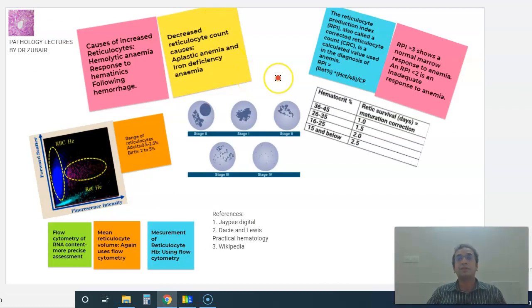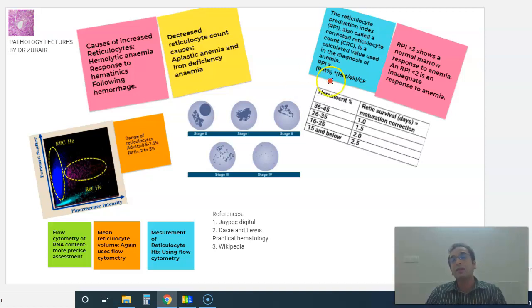So now next we will discuss what the reticulocyte production index is. Reticulocyte production index is also called the corrected reticulocyte count. This is an important thing in the diagnosis of anemia. How do you calculate the reticulocyte production index?